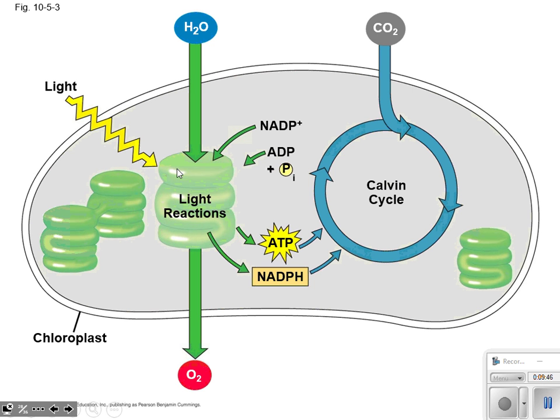What does the Calvin cycle start with up at the top there? It starts with carbon dioxide. Then the box in the middle should be labeled the Calvin cycle.